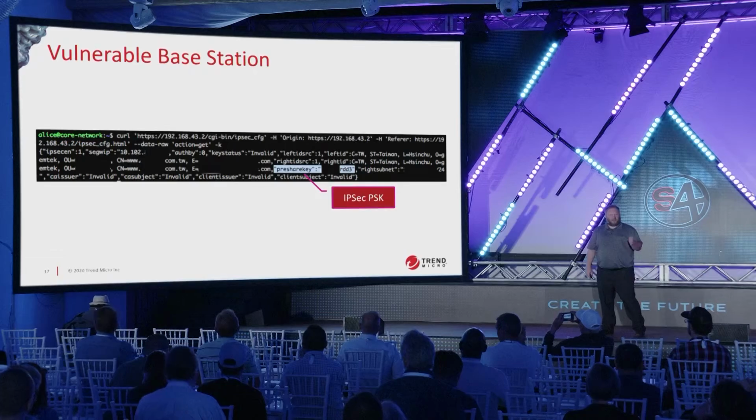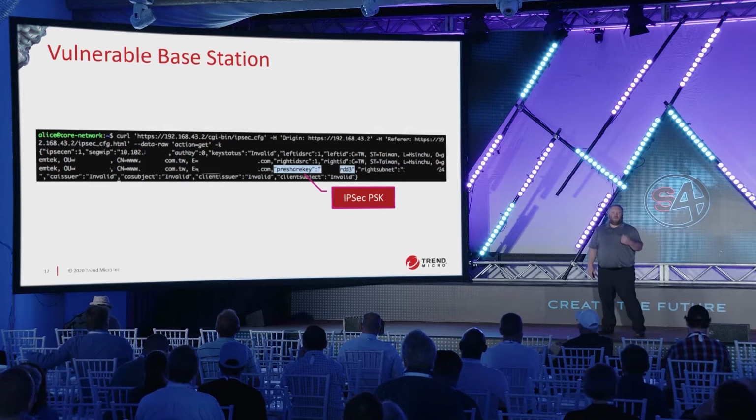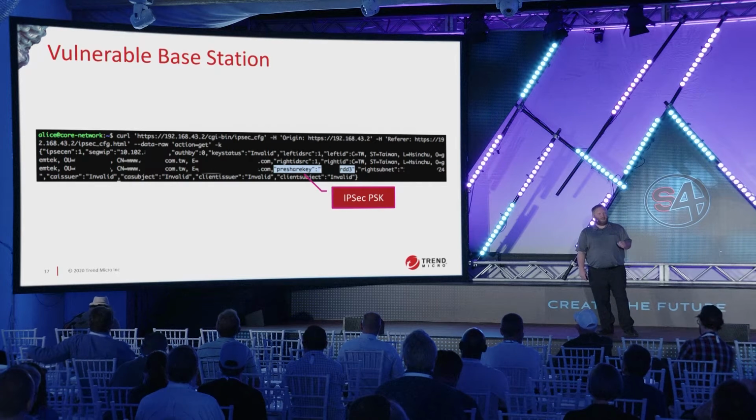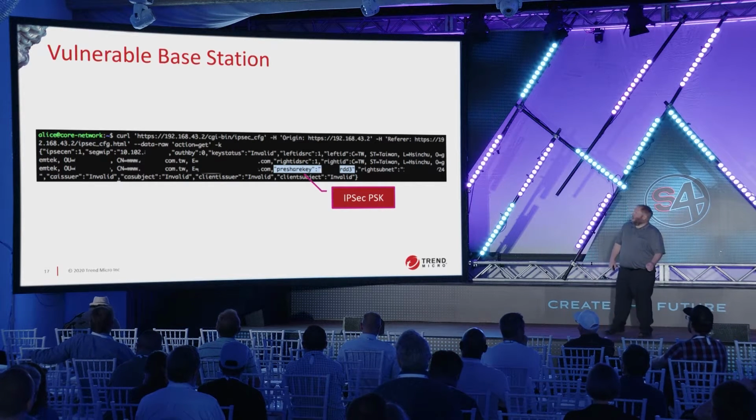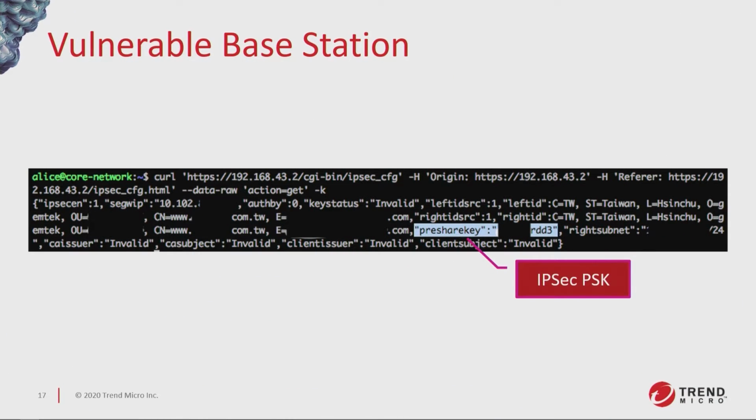And one thing that we found, the first thing that we found when we were setting all this stuff up, was that we went through and looked at the base station that we had, and we actually found vulnerabilities in the base station. With this one, you could dump the pre-shared key for IPsec if you wanted to, as an unauthenticated user. And there was also a way, as an unauthenticated user, to turn IPsec on and off if you so chose.